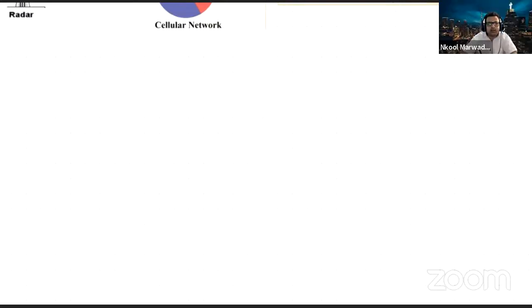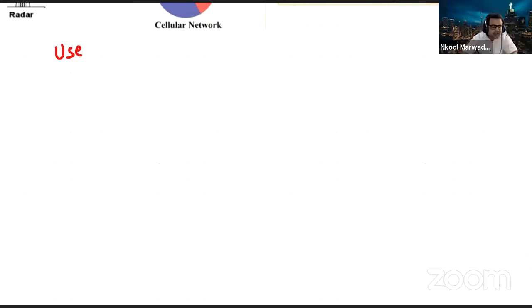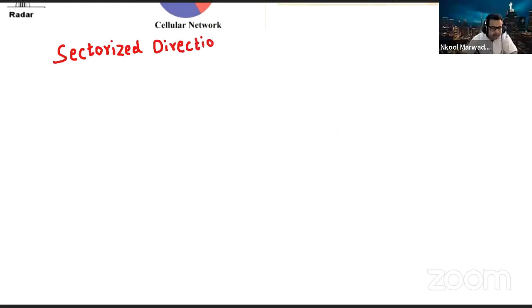In cell sectoring, we use sectorized directional antennas, which we already saw.